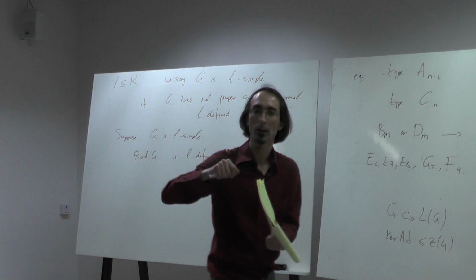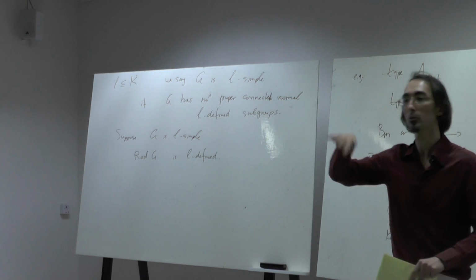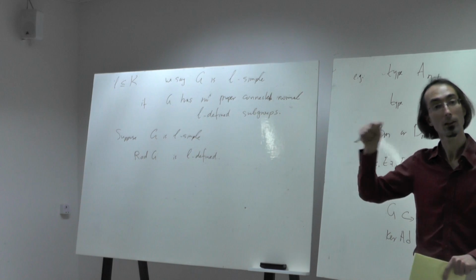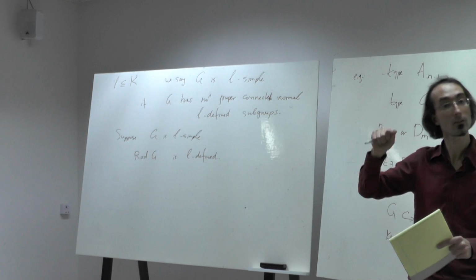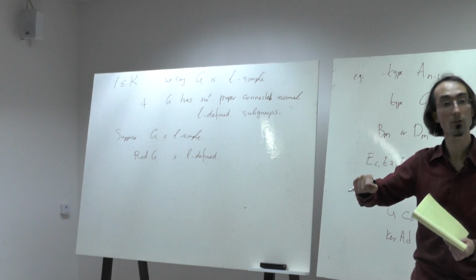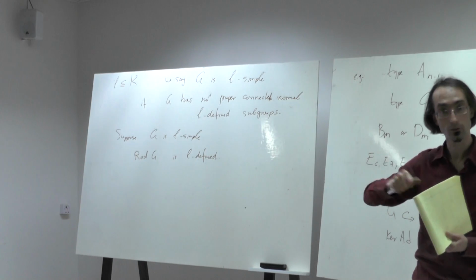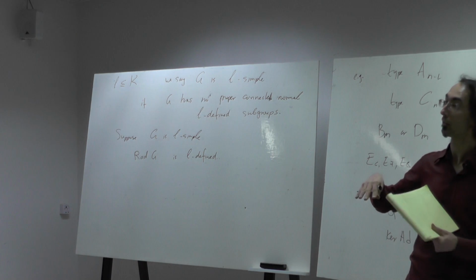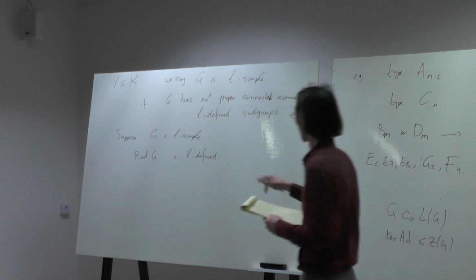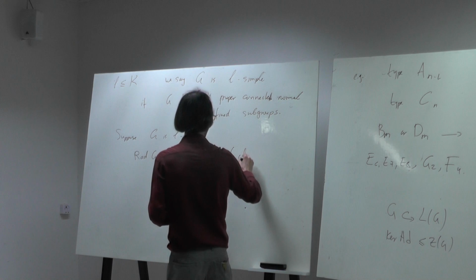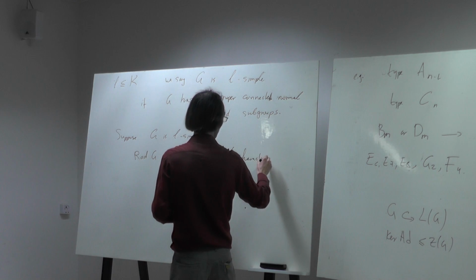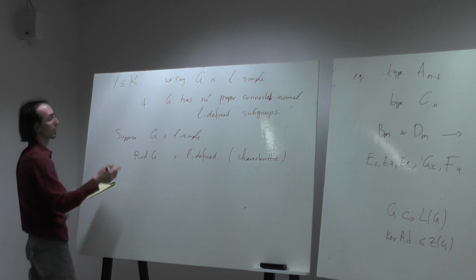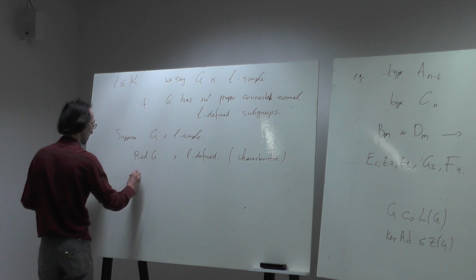So if I act by an automorphism fixing L, I fix the radical, and I have a criterion which says that this is a sufficient and necessary condition for the radical to be L-defined. If it's fixed under every Galois automorphism, that's characteristic. But therefore, it must be 1.